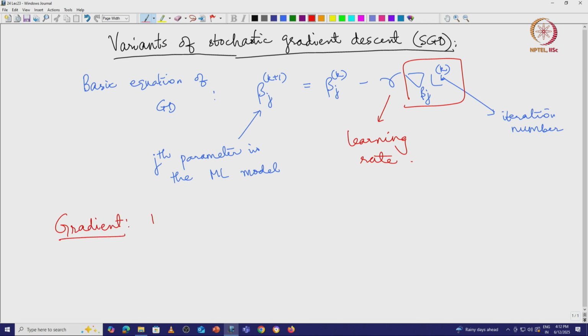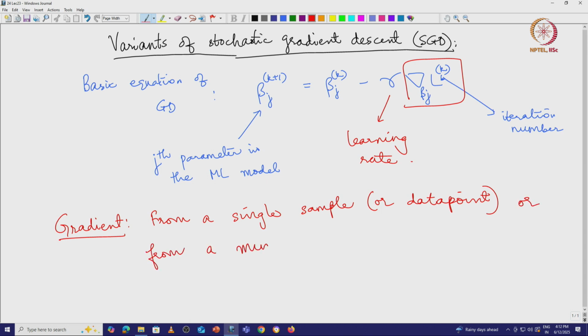And this gradient is from a single sample or data point or from a mini batch. A few points that have been selected to prevent you from spending too much time on computing the loss function or the gradient.